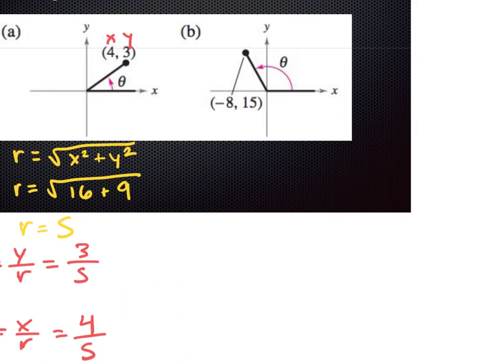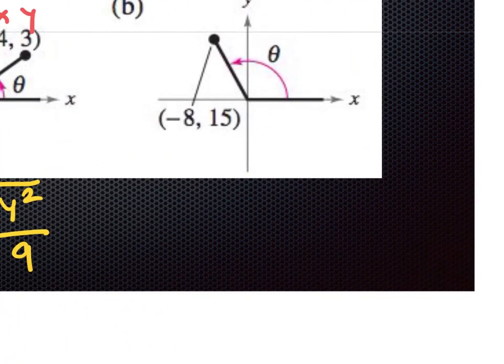Alright, let's look at part B. So here our x is -8 and our y is 15. So first thing we need to do is find r. We have the square root of x squared, so -8 squared plus y squared, so 15 squared.